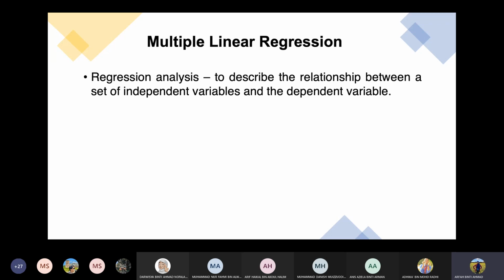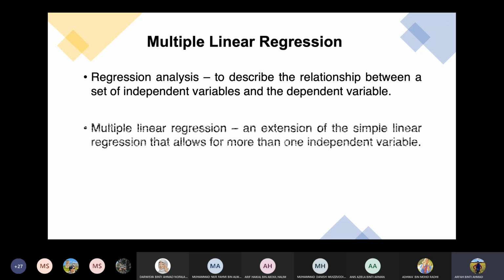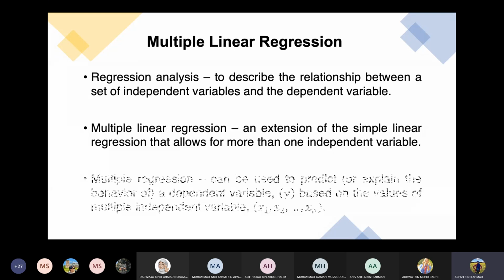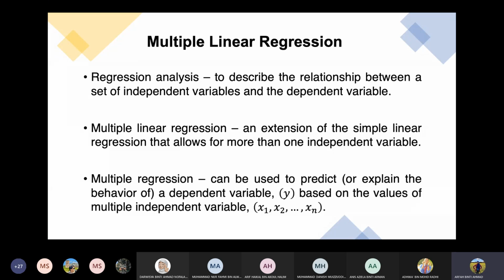Okay. So multiple linear regression, it is an extension, okay, of simple linear regression that allows for more than one independent variable. So daripada sini, multiple regression, it can be used to predict or explain the behavior of a dependent variable Y based on the value of multiple independent variables X1, X2, X3 up until Xn.